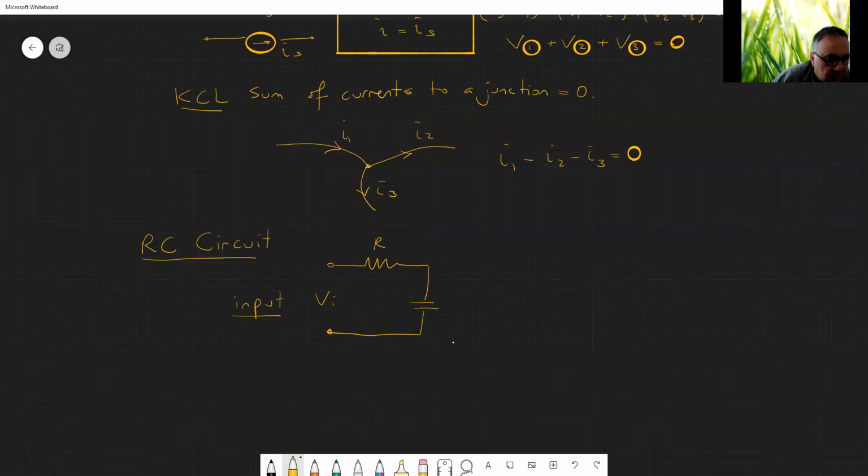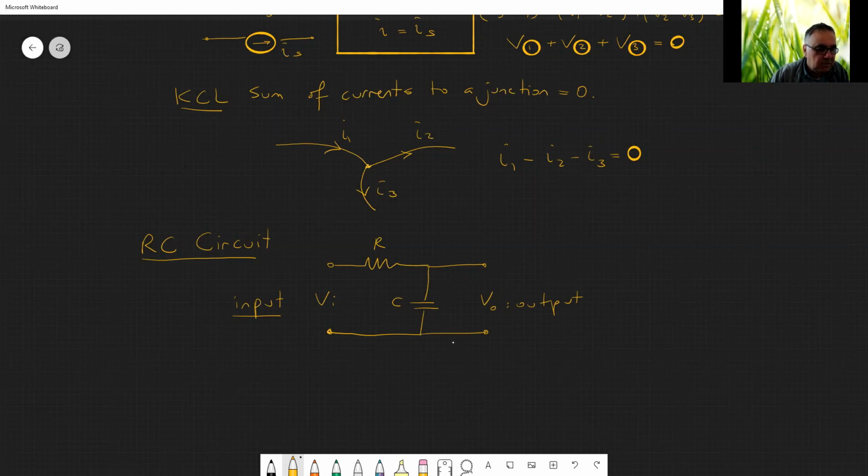This is R. This is C. And then the voltage across the capacitor is VO, which is the output. So output is the capacitor voltage. Input is the voltage input to the resistor. And the bottom part might be grounded.